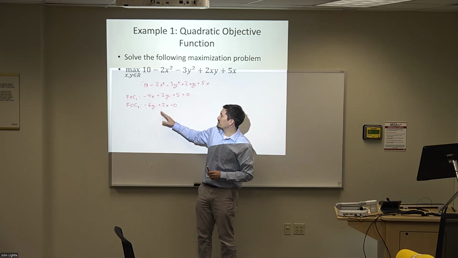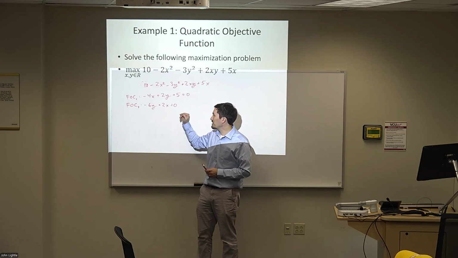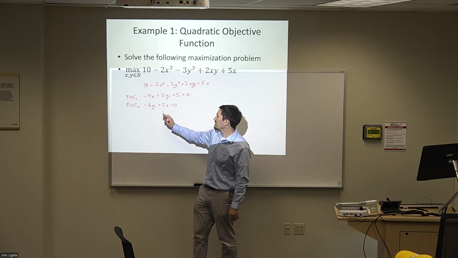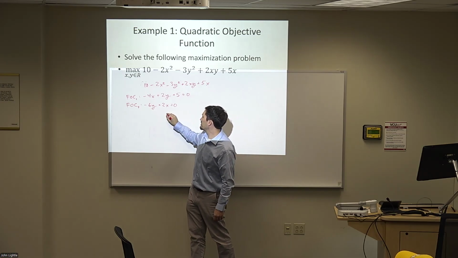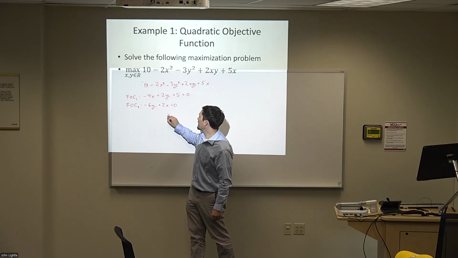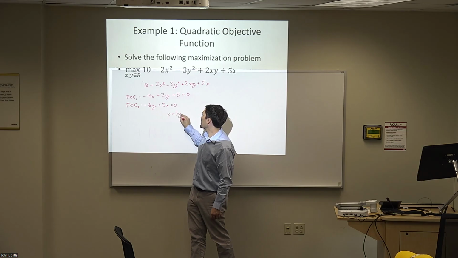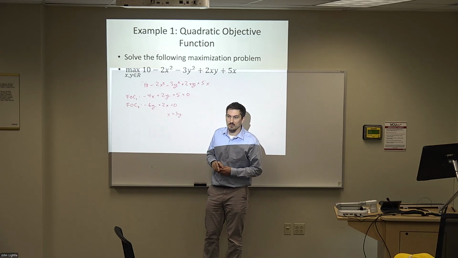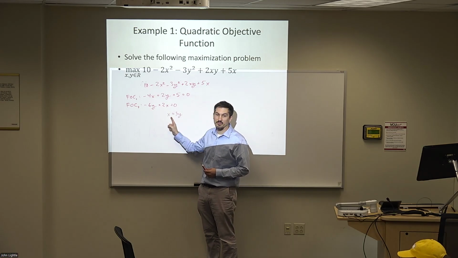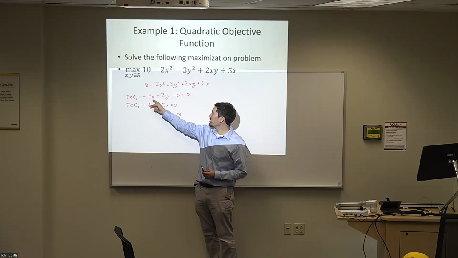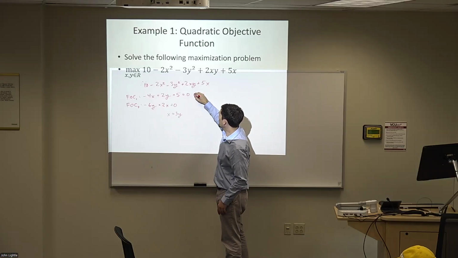Let's solve for x in terms of y or y in terms of x and then go from there. How about using this? We'll add 6y to both sides and divide by 2 and get x equals 3y. The point of this is now substituting in where there previously was an x, we replace that with 3y and get an equation from here.